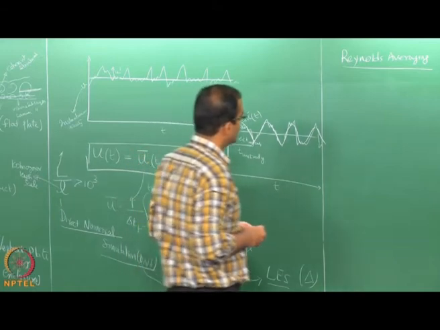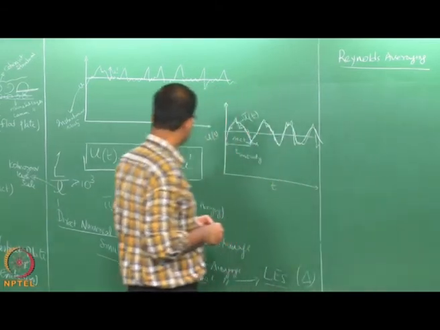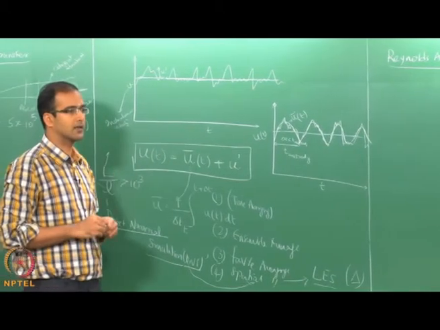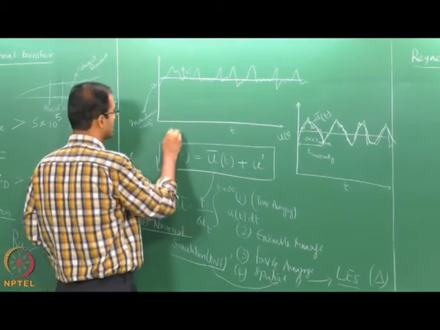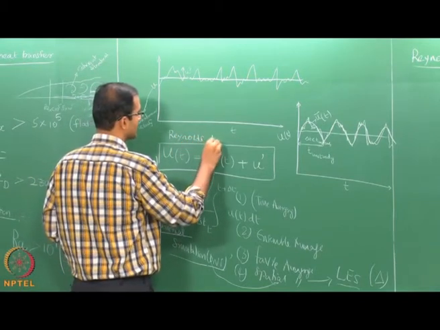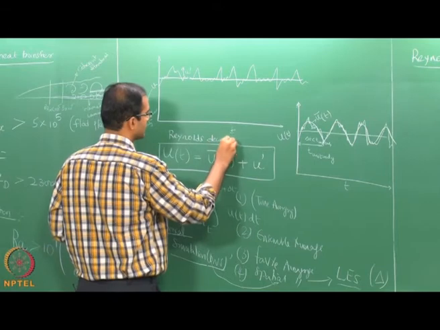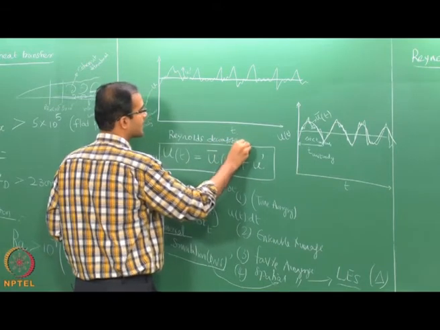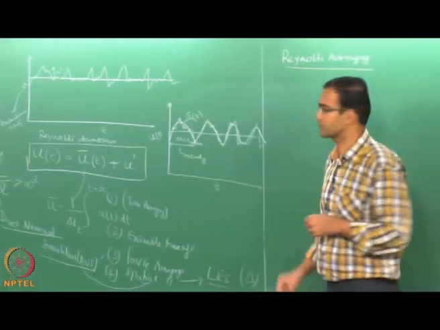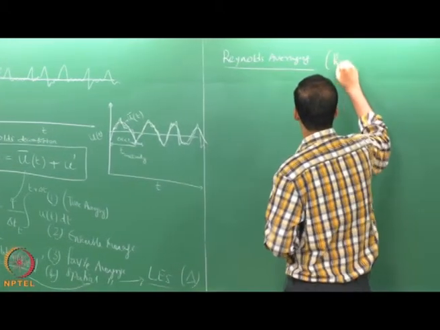So, now the Reynolds averaging assumes first you decompose your instantaneous velocity into the mean and fluctuating velocity. So, this is called Reynolds decomposition.